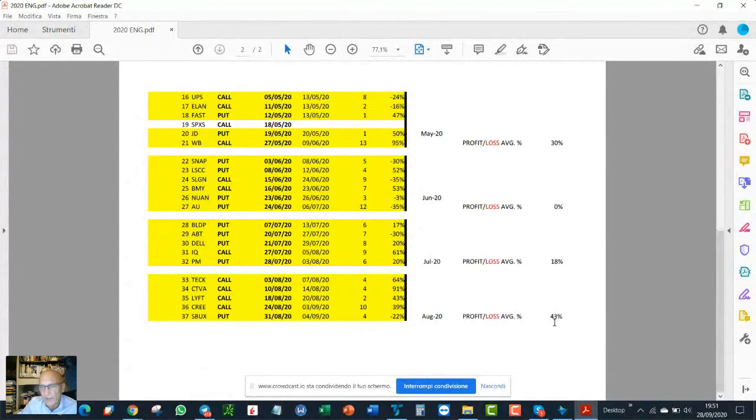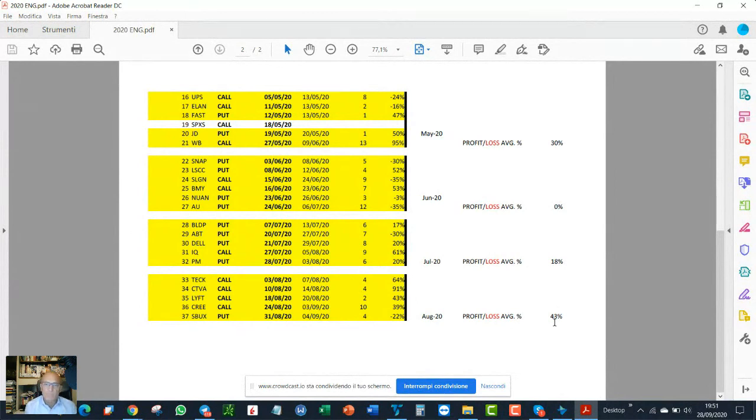Now, 43% was an exceptional performance, and it's not a performance that we can have every month, as you can see. But let's say that an average of 20% a month is reasonable with this strategy.